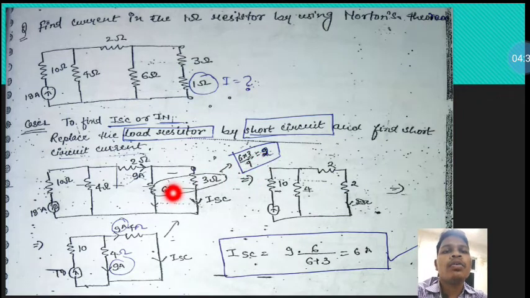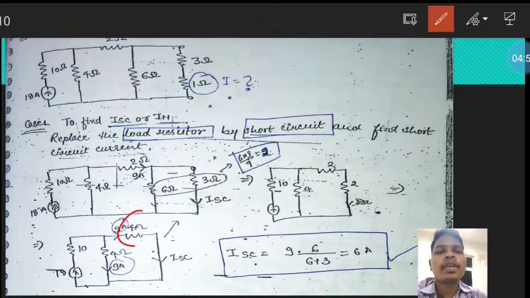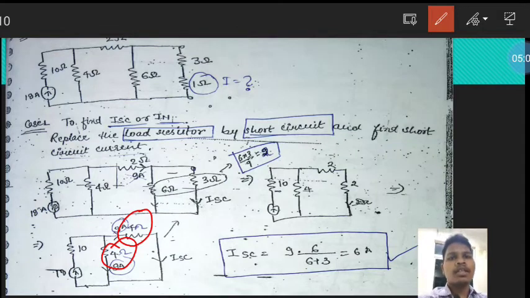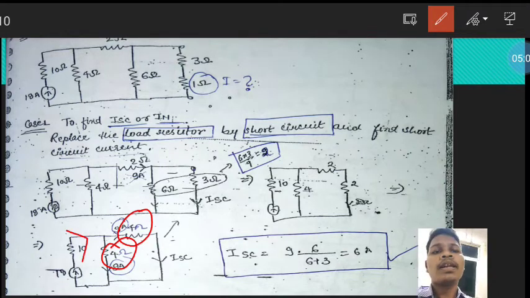The 2 ohm here and another 2 ohm here are connected in series, so 2 plus 2 is equal to 4. So here is 4 ohm and here is also 4 ohm. Two equal resistances are connected in parallel, so the current passing through them is divided equally.